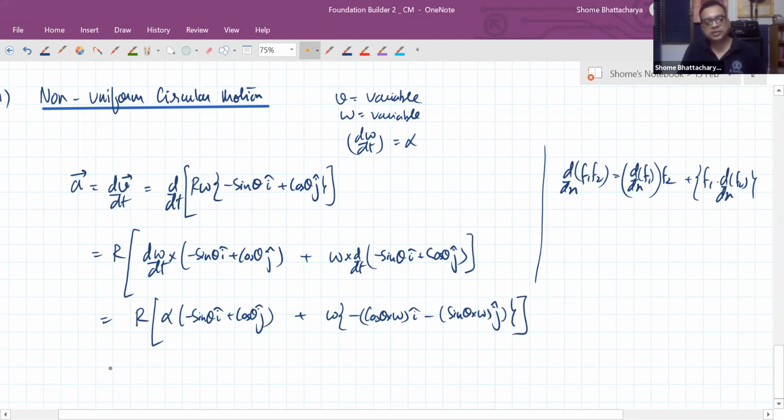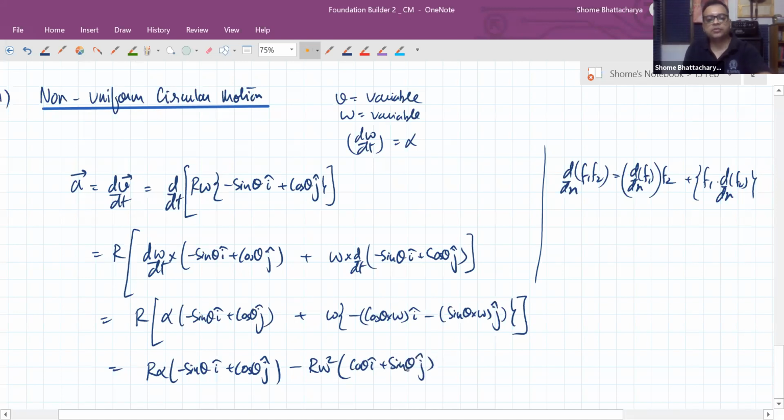So this can be written as this, and the second term take the r inside and minus omega outside, so it will become minus r omega square into cos theta i cap plus sin theta j cap.